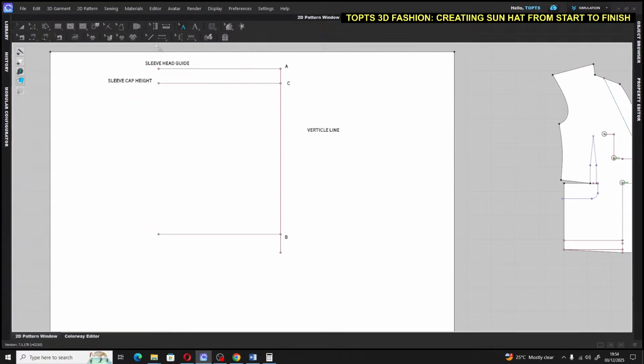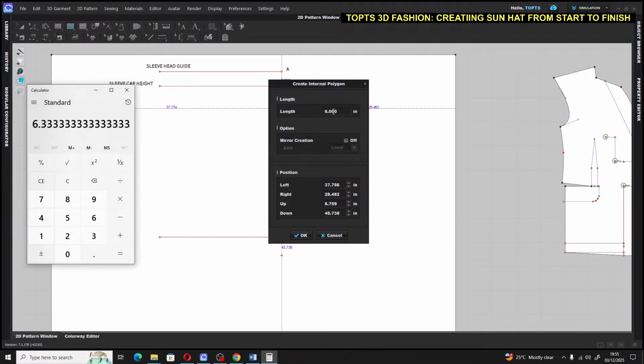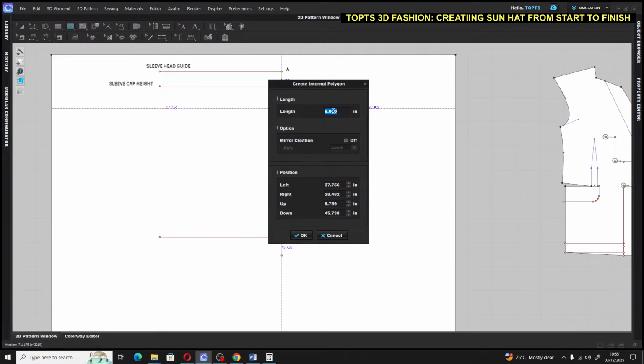So that means I come to A, I mark downwards 6.3. You'll be writing 6.3.